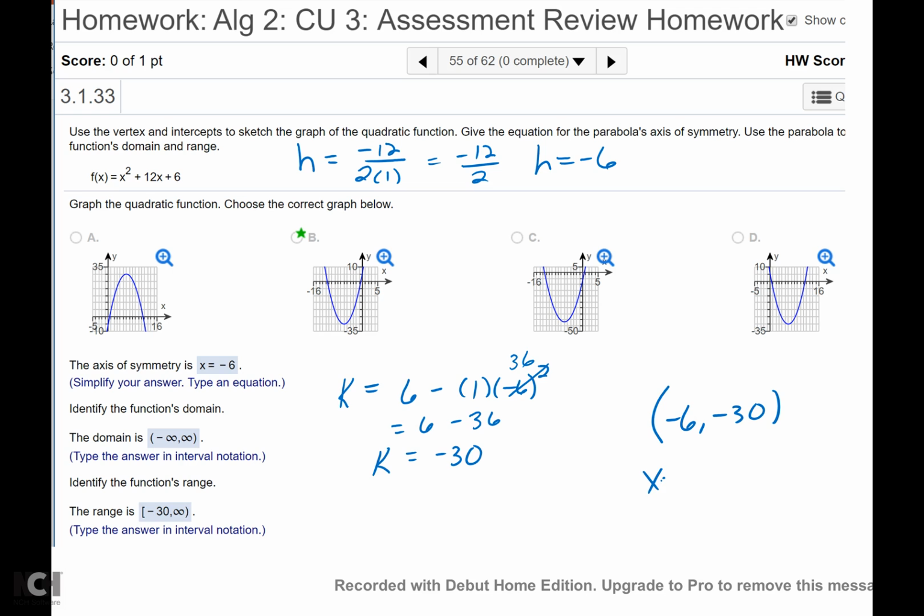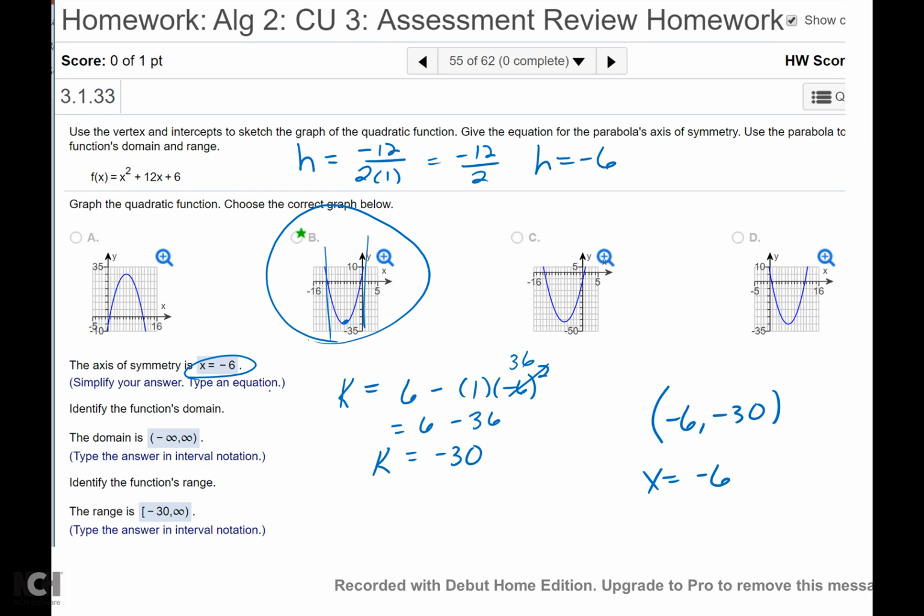The axis of symmetry is x equals h, so it's x equals negative 6. And if I choose the right graph, the only one that has the right vertex is (negative 6, negative 30). This one, I can't even tell. You'd have to enlarge the graphs, but you're going to look for the one that's got the right vertex.